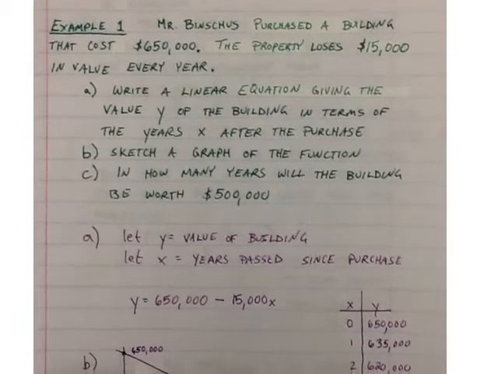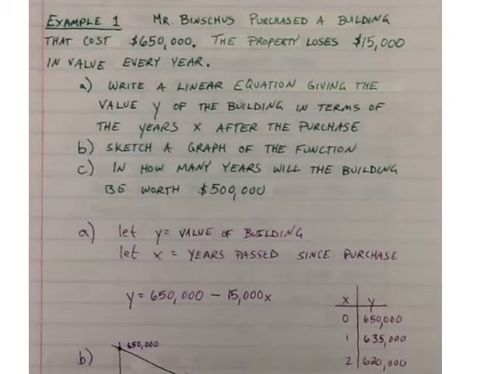I logicked my way through it. I said, hey, I'm starting at $650,000 and every year I'm decreasing at $15,000. So if I plug a value of 1 in there, it'll go down 15,000. If I plug a value of 2, it'll go down 15,000 2 times, etc.